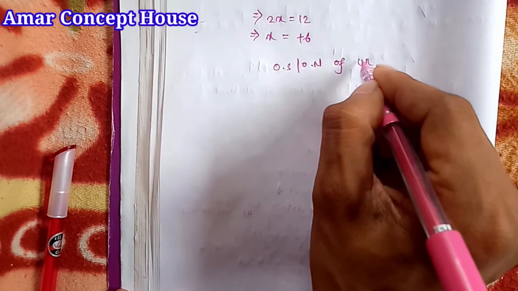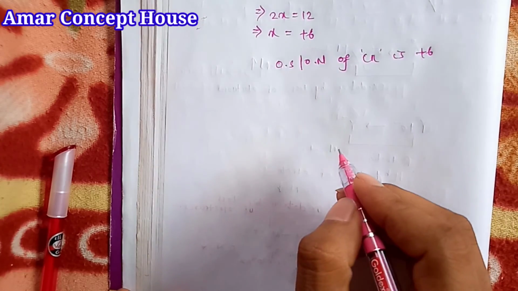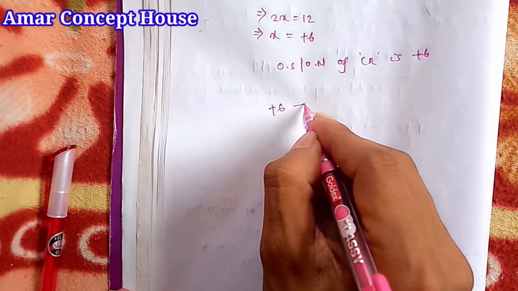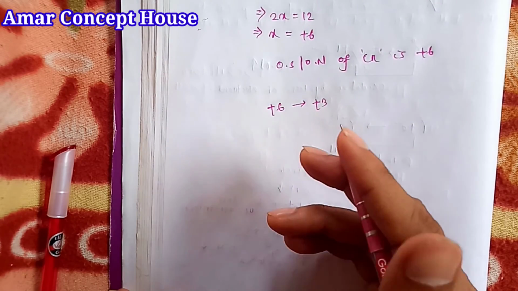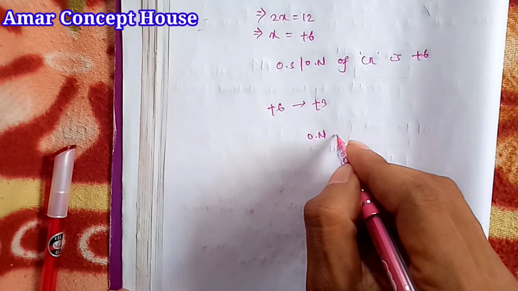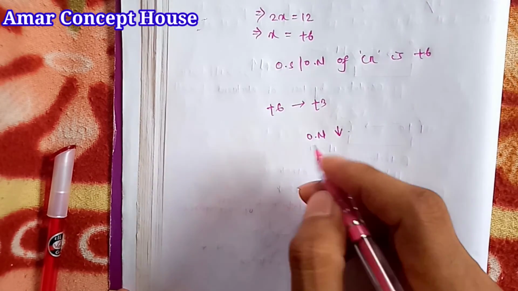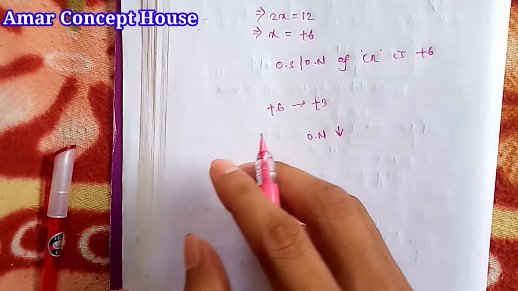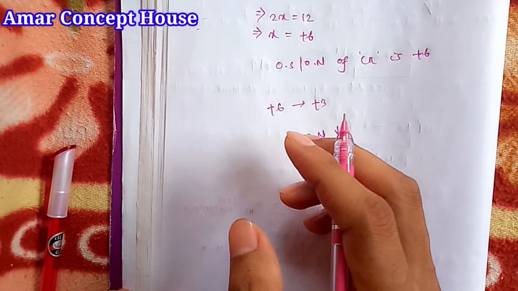Clear? That means the formal charge of chromium went from +6 to +3. It means the oxidation number decreases, and oxidation number decreasing means reduction occurs. Clear? So the reaction in which both oxidation and reduction occur is known as a redox reaction.